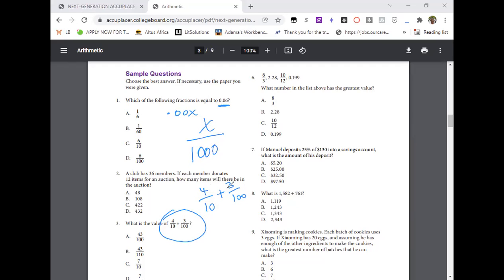So we said cross multiply, so 4 times 100 plus 10 times 3 over 1000, 100 times 10. So that would be 430 over 1000.